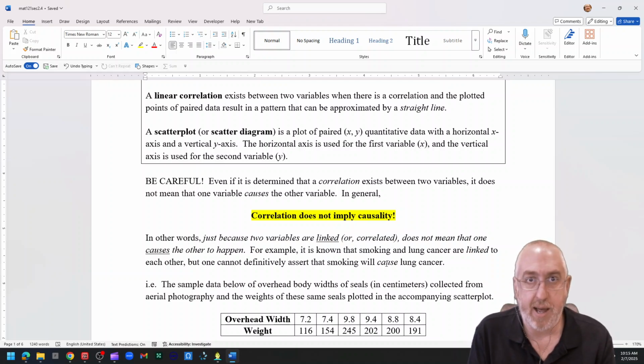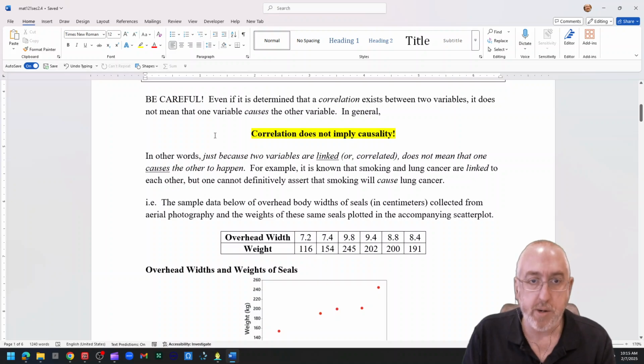There's exceptions to that. If you want to research it yourself, go look up George Burns. George Burns was a comedian. He lived to be over 100 years old, and he smoked cigars his whole life and never got lung cancer. And there's multiple examples if you want to look. So again, correlation does not imply causality.